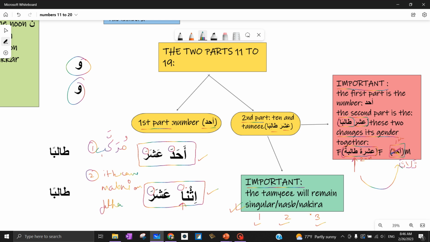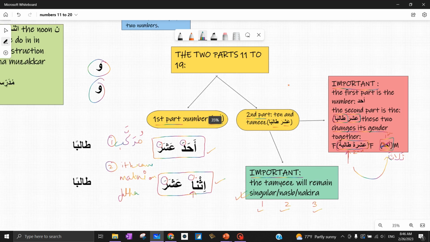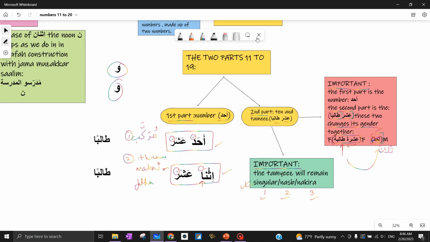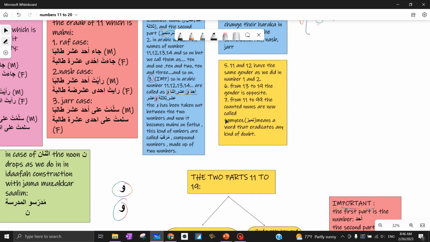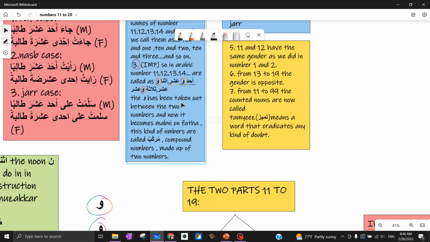These are the most important points when you do the number rules for 11, 12, 13, 14 and so on. So let's check the other points. I have discussed here that the waw has been taken out between the two numbers and now it becomes mabni on fatha. This kind of number is called murakkab, compound numbers made up of two numbers.